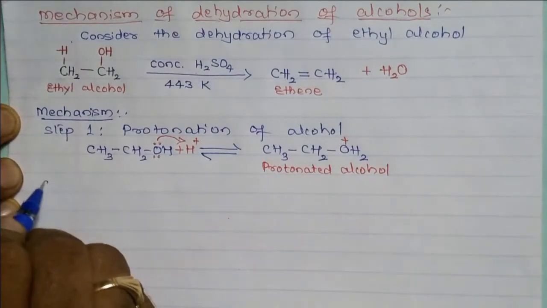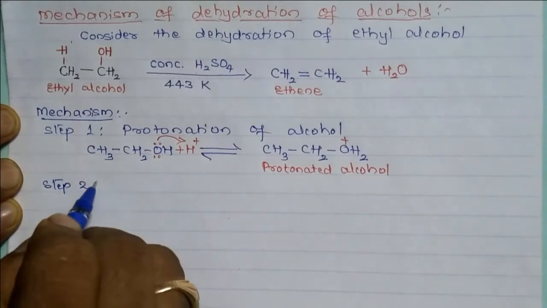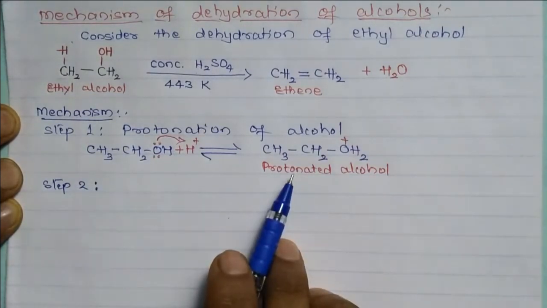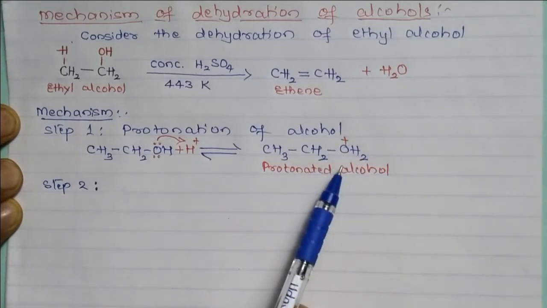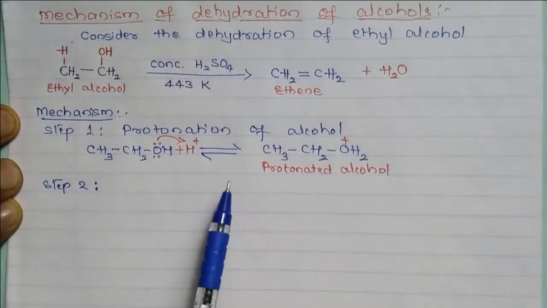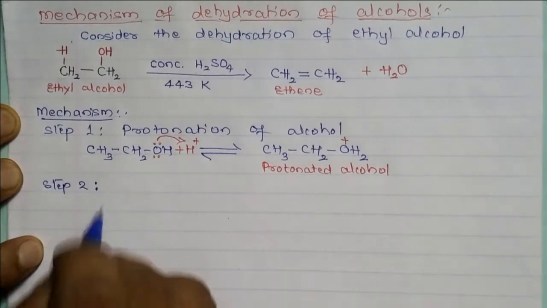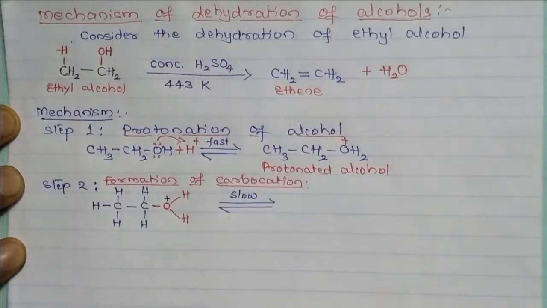Then in step 2, the oxonium ion formed loses a stable molecule of water to form a carbocation, and this is the slowest step, which determines the rate of the reaction. The second step is formation of carbocation.